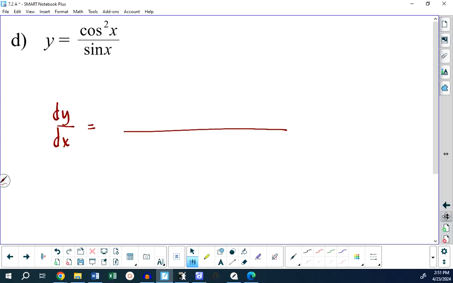Hope that what you ended up writing here is 2 cos x times negative sine x. And that set of brackets around the negative sine x is absolutely crucial. You don't want to write down something that looks like 2 cos x minus sine x, times the bottom, which is sine of x, minus the numerator, which is cos squared of x.